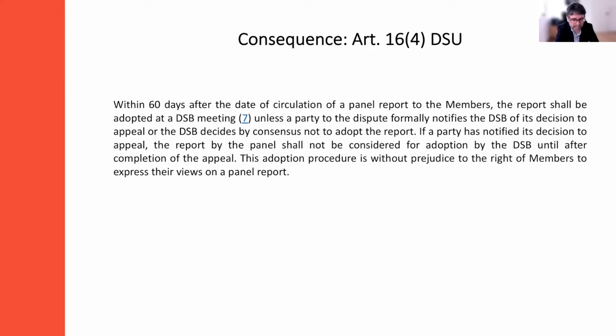Of course, an appeal can no longer be completed as there is no appellate body. So the panel report disappears, but there cannot be an appellate body report. Basically, the losing side can, by way of appeal, make the report go away. This is referred to as appeal into the void.